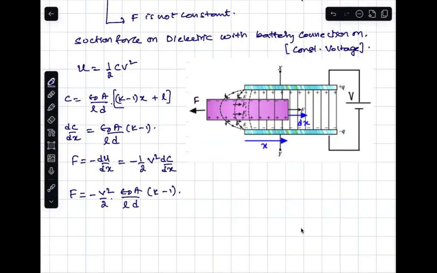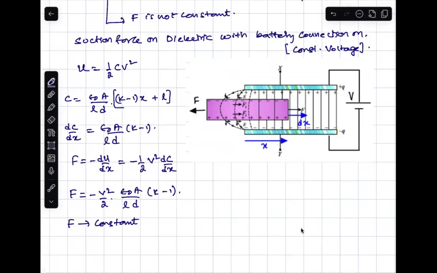Entire right hand side, everything is constant. Do you see any variable term in this? V constant, A constant, L constant, D constant, K constant. So this is constant.